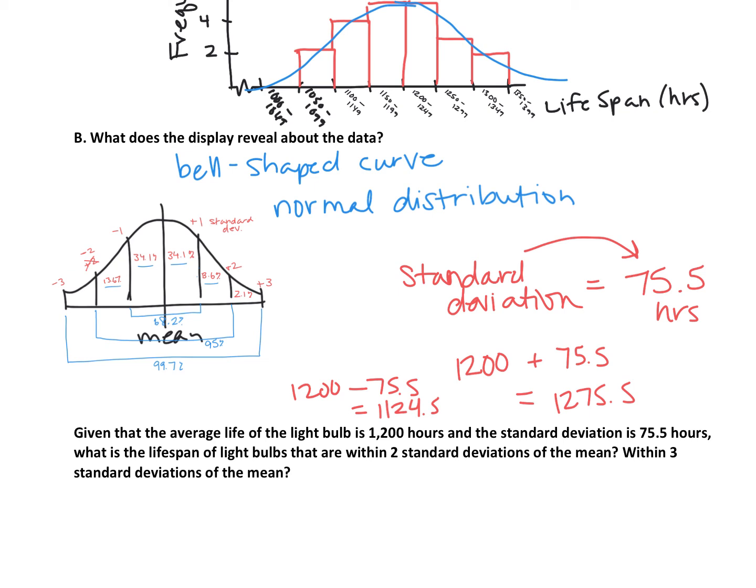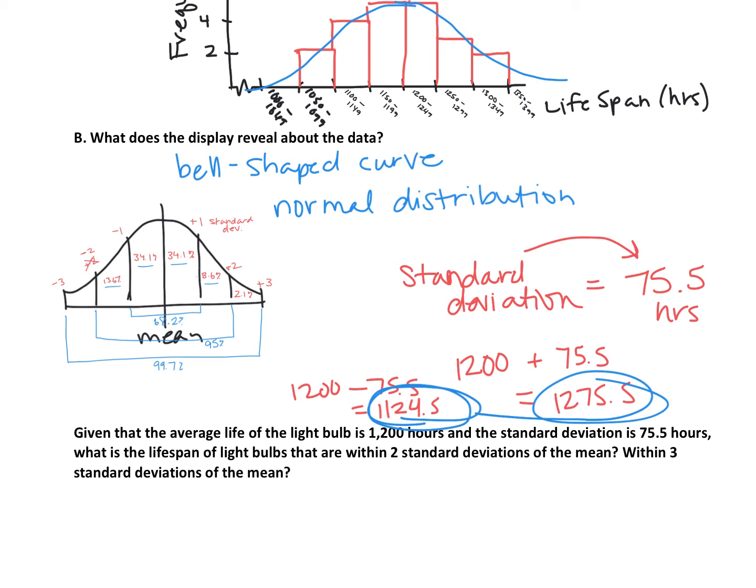So because 68.2% of the data fall within 1 standard deviation of the mean, that means that we can expect 68.2% of the hours of light bulbs to fall from 1124.5 to 1275.5. They're going to be that close to the mean.